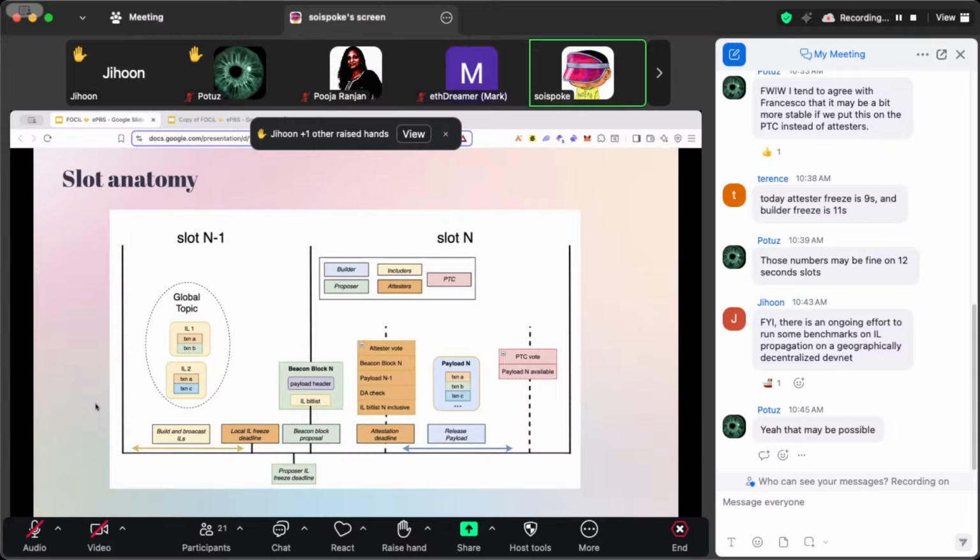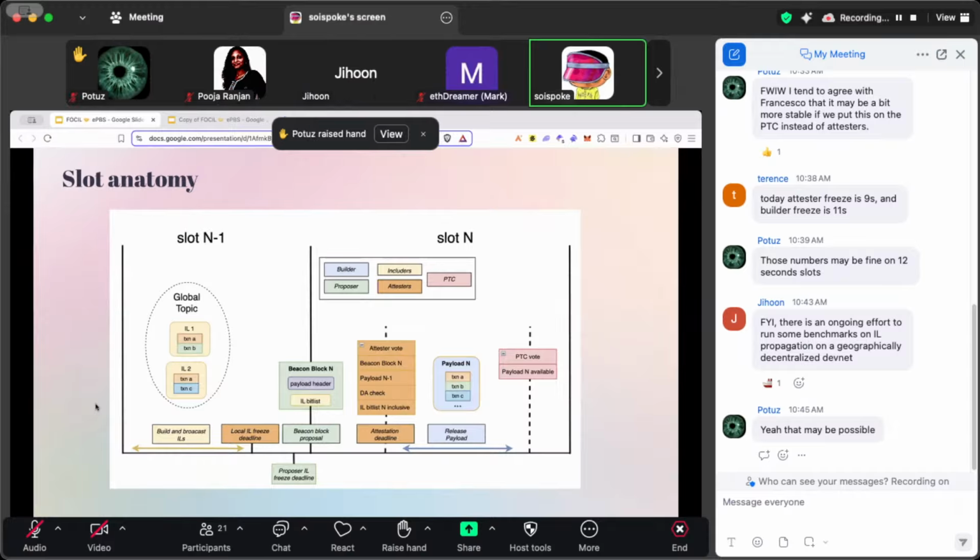Yeah, those are questions that are a bit hard to answer before we have benchmarks, but I agree. I don't know if it's going to be 2 seconds or 1 second. Will we have time?